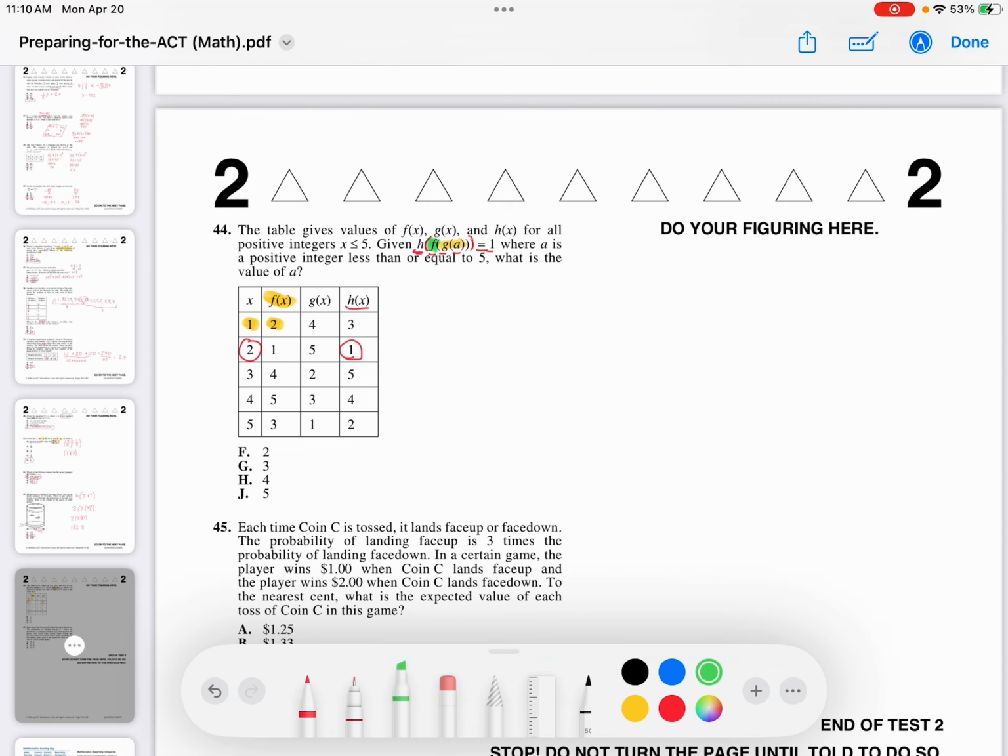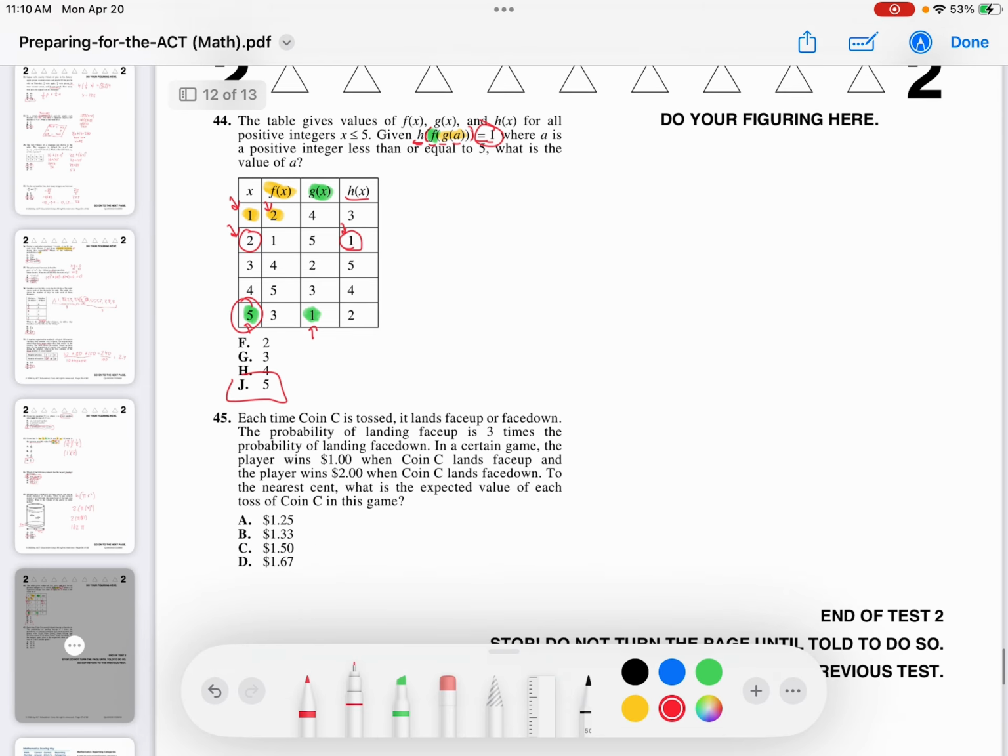Then I find where g of x equals 1, and that is 5. So if I put in 5, I will get out 1 for g of x. I put that 1 into f of x, that gives me 2. And then I put the 2 into h of x, that gives me 1, which is what I want. So what I started with was the 5. I believe that's correct. We'll see.